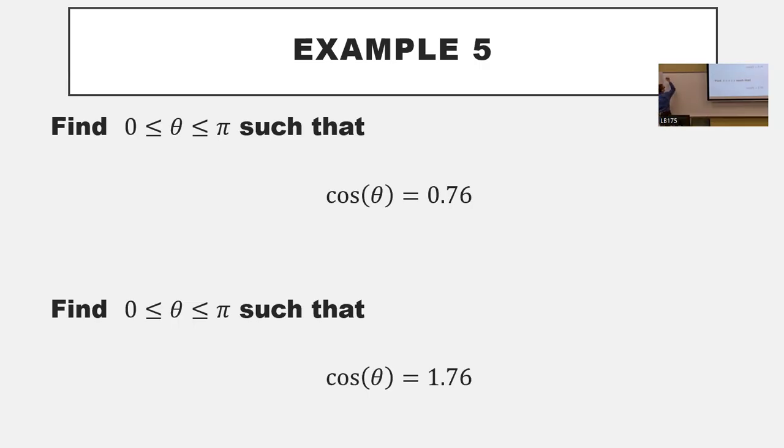If I said, find an angle between 0 and pi such that cosine of that angle is equal to 0.76. Then if we said find an angle between 0 and pi such that cosine is 1.76.